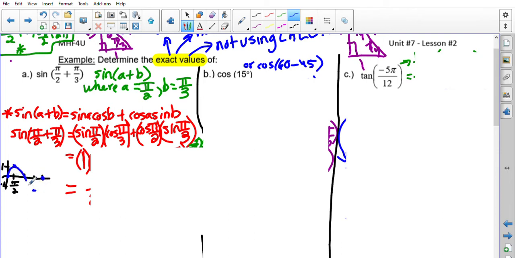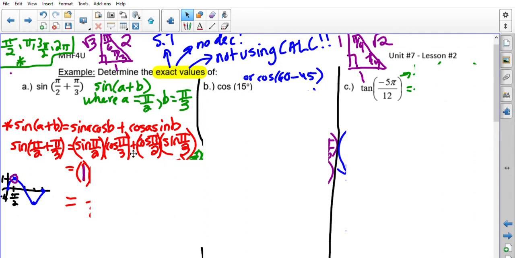Okay? So when I'm asking for sine pi over 2, I'm going to my graph and looking at that point, and I see that the value for sine pi over 2 is 1. So it has a y value of 1. That's where that comes from here.